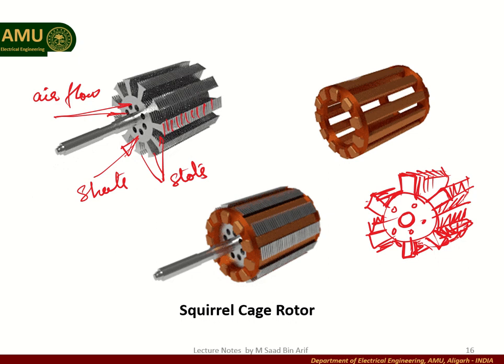Now what we have to do is put the bars over here, then we will make it short circuit through the ring. That bar type of structure is basically over here. We have copper bars.